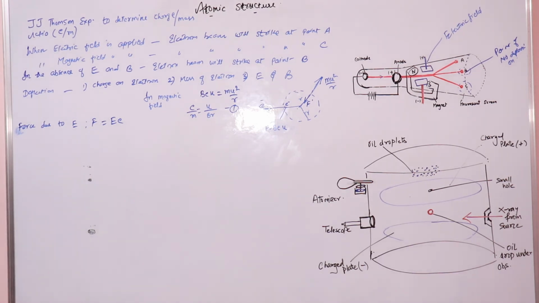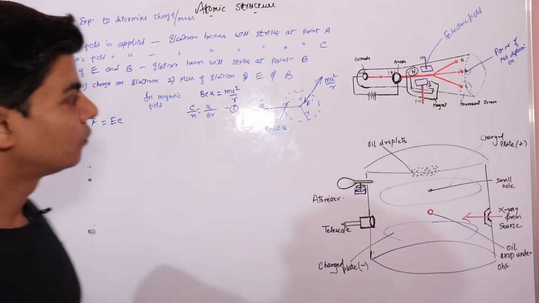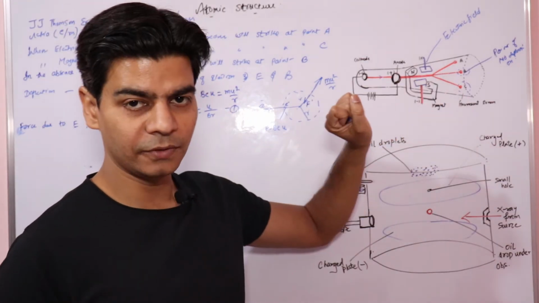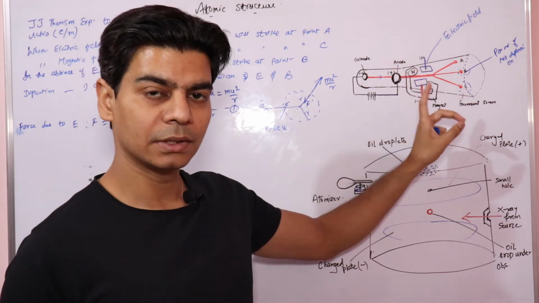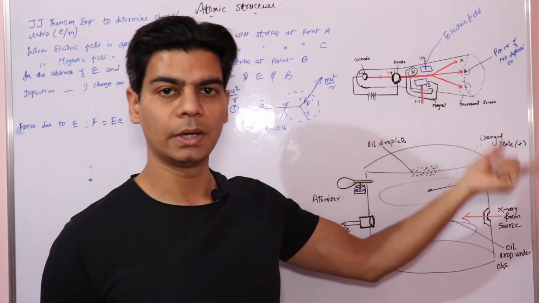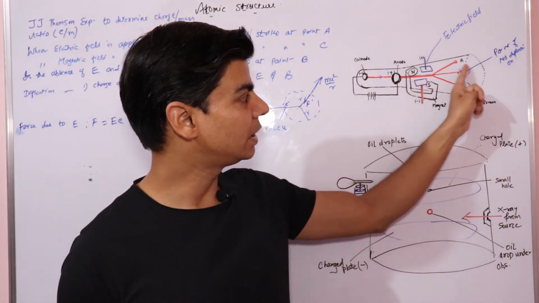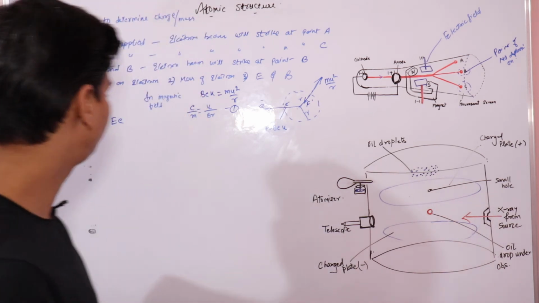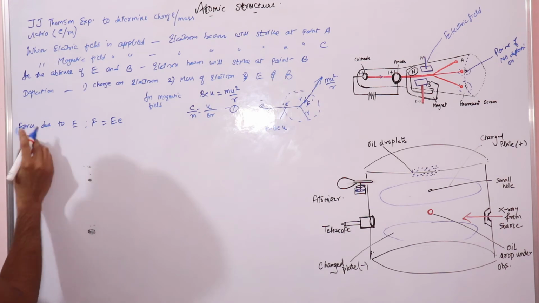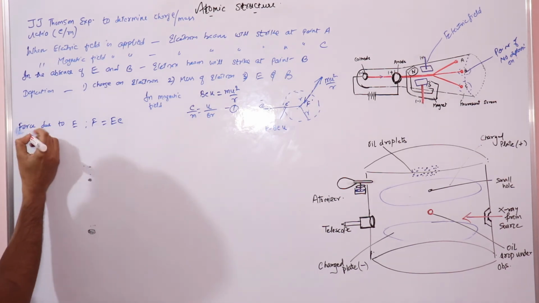So now for no deflection, like we have discussed earlier, we will adjust the value of magnetic and electric field such that the forces exerted on the electron are equal and opposite. Then only it will strike at point B, which is the point of no deflection.